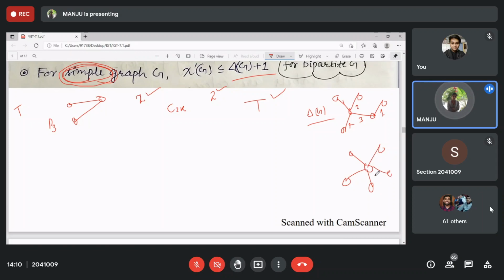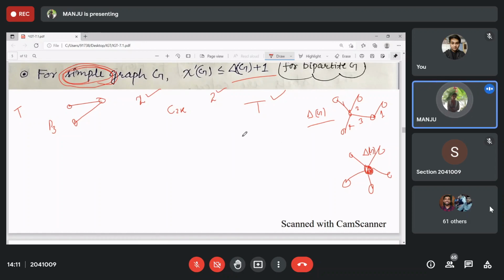So you need all n minus 1 different colors. All the edges are to be differently colored. So in that case also, how many colors are needed? Delta G, right? Delta G is what? n minus 1, right? Yes, ma'am.